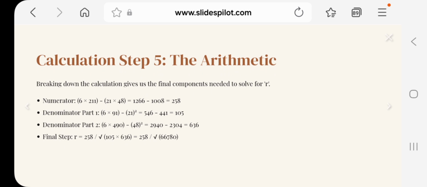Now let's subtract 1266 by 1008. So that's 258. And then we have 546 minus 441, which is 105.